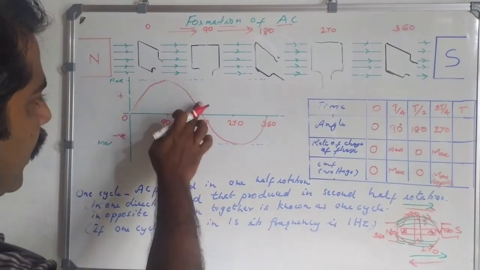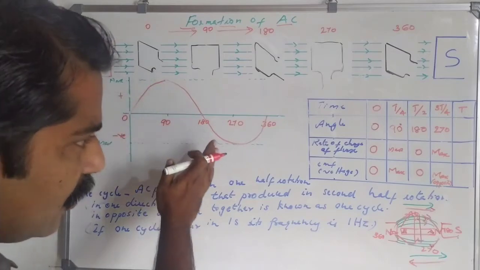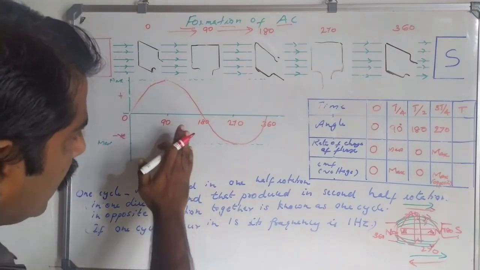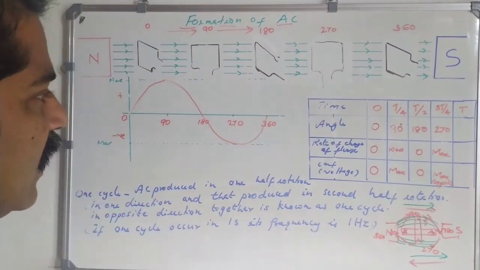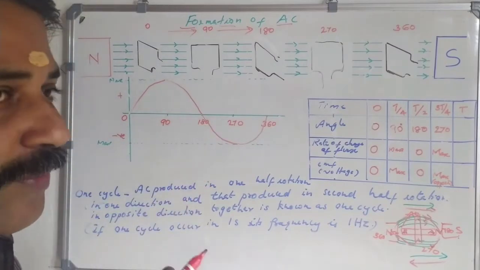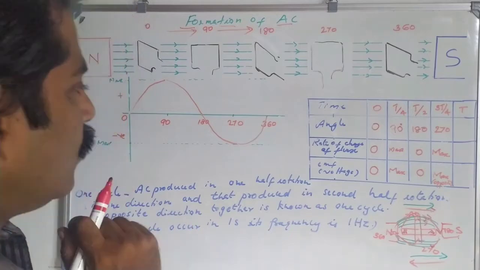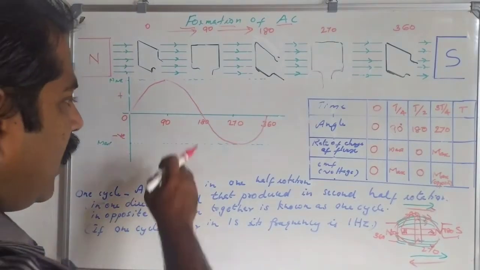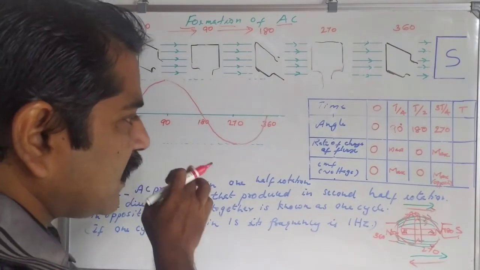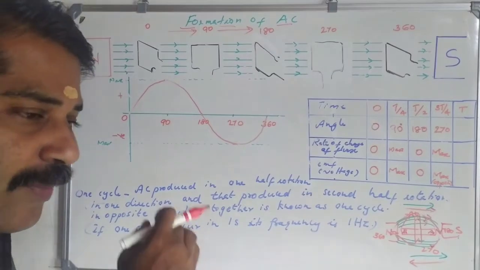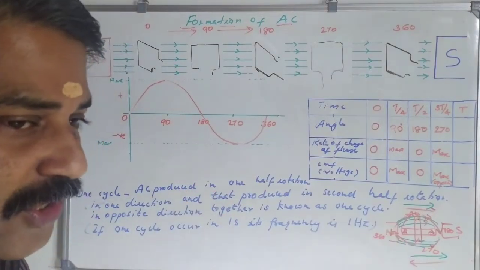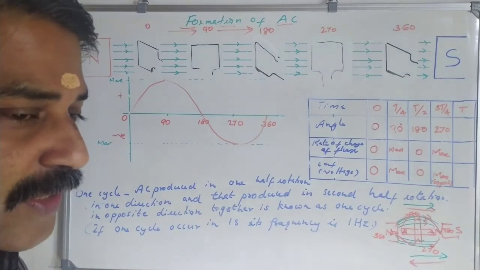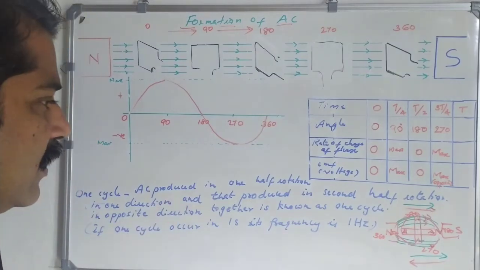From 90 to 180 degrees, the armature continues its rotation. Then the number of flux broken slowly decreases, and when it reaches 180 degrees, the number of flux broken becomes 0. And from 180 to 270, when it starts to rotate, the flux breaking will be in the opposite direction, so the induced EMF is also in the opposite direction.